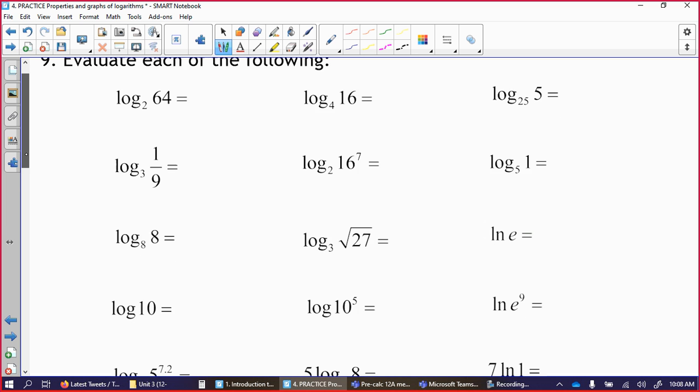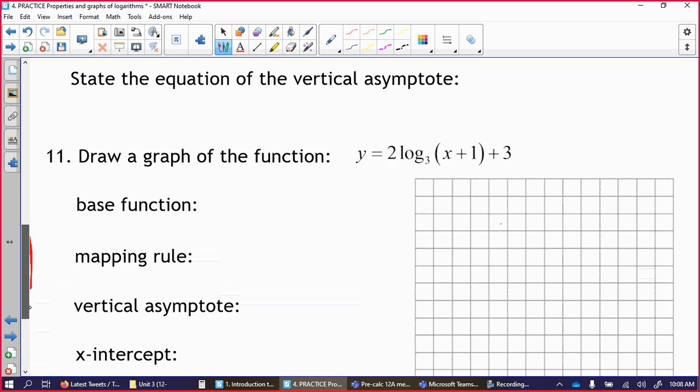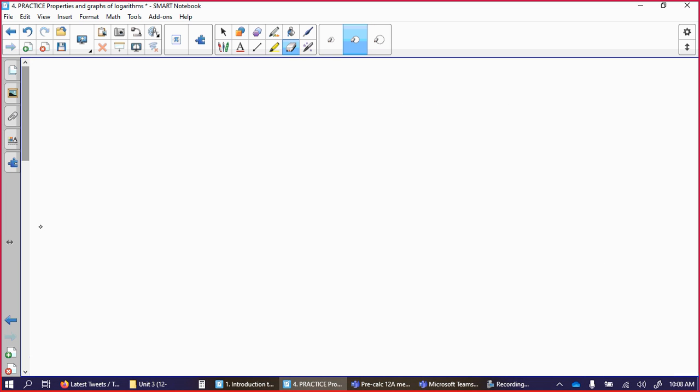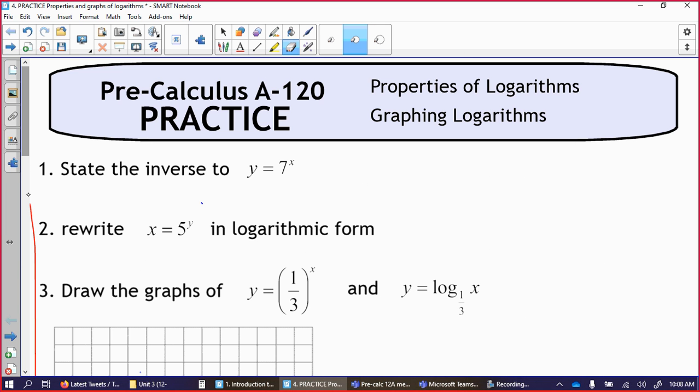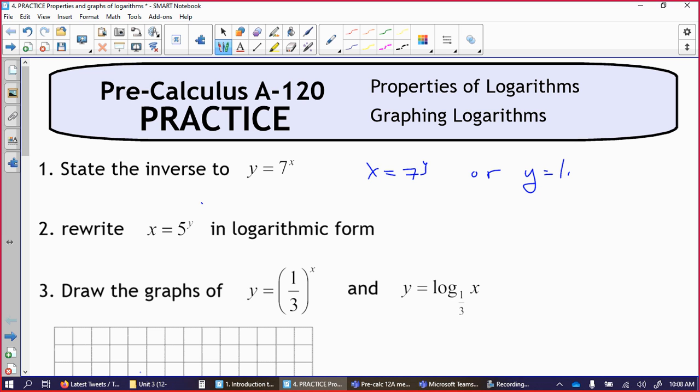A question like that is kind of important. State the base function. And so write the inverse. X equals 7 to the y, or y equals log base 7 of x. Those are equivalent. Write that in logarithmic form.